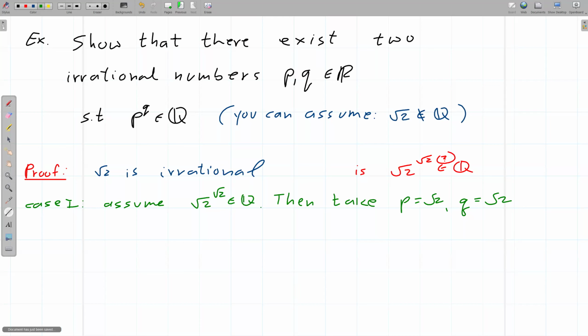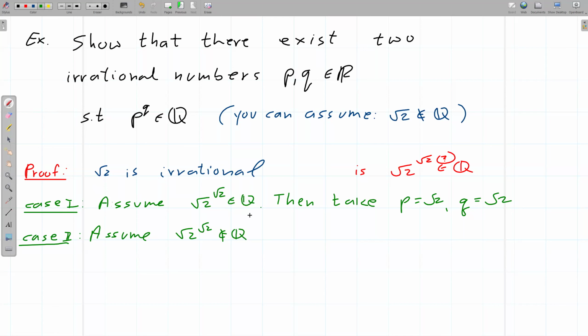So in case 1, if we can assume that this is rational, we are done. Case 2, assume the square root of 2 to the square root of 2 is not rational.